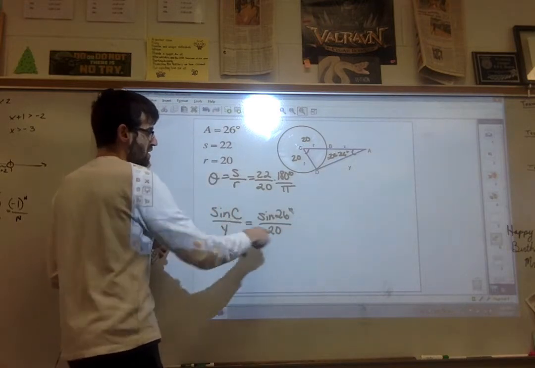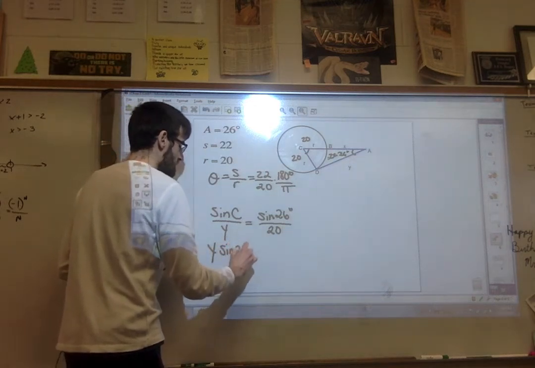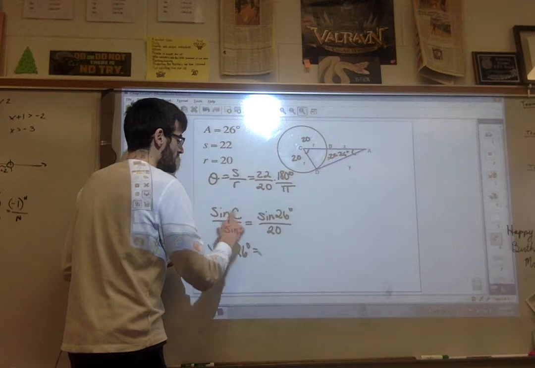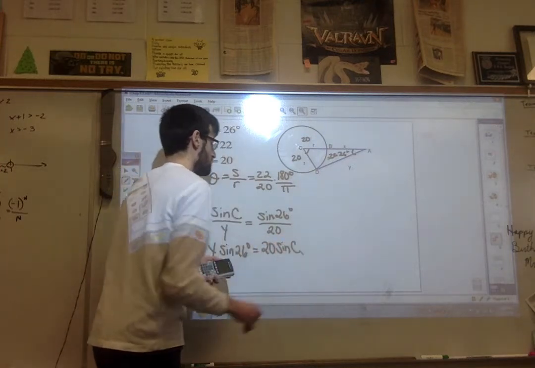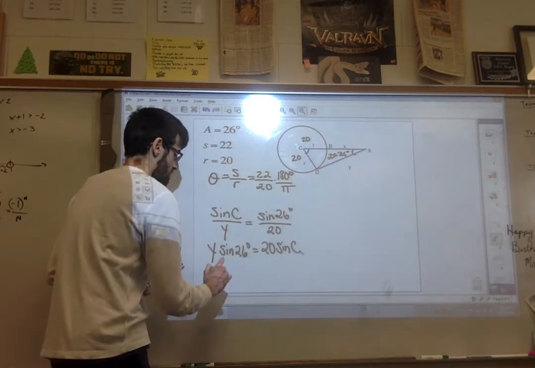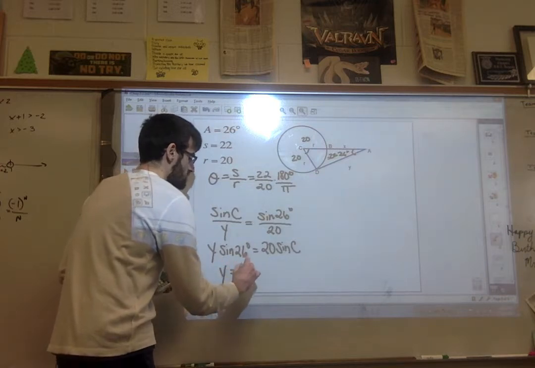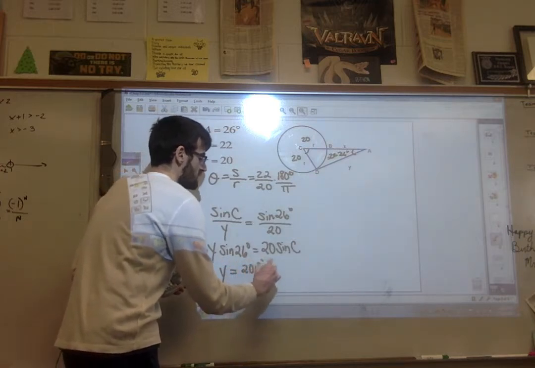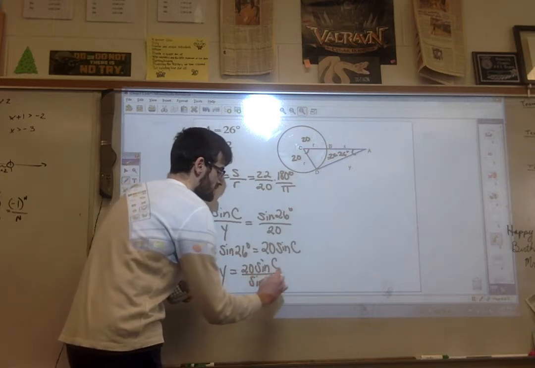I'm going to cross multiply, so I have Y sine of 26 equals 20 sine of C. Then I'm going to divide by the sine of 26. So I have Y equals 20 sine of C, which is that stored value, over the sine of 26 degrees.